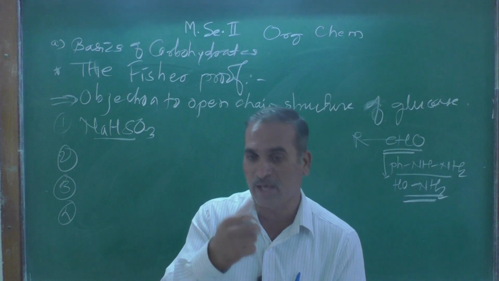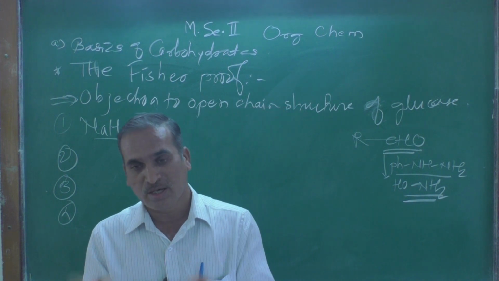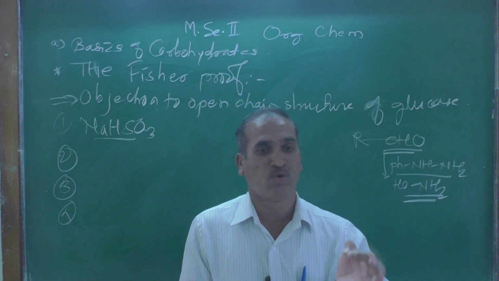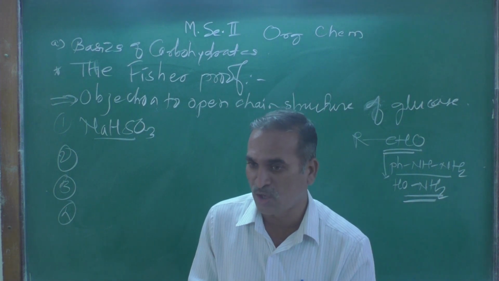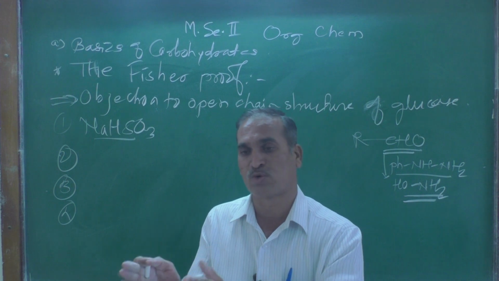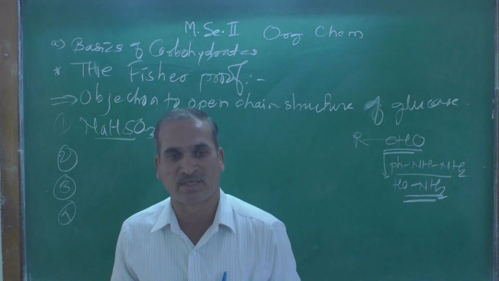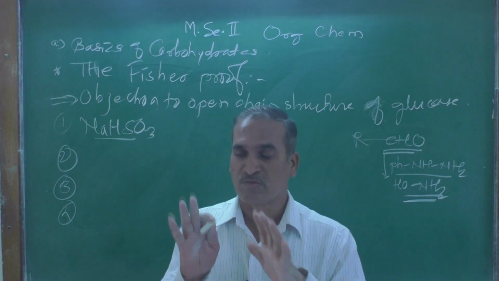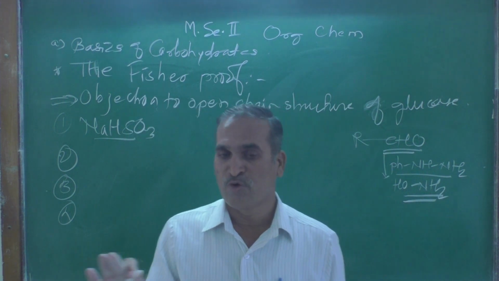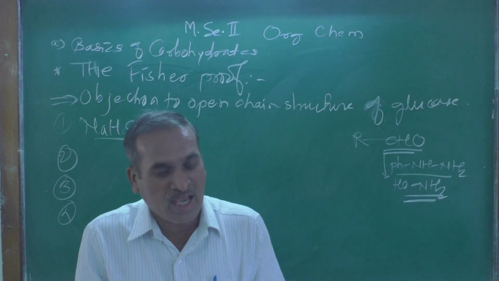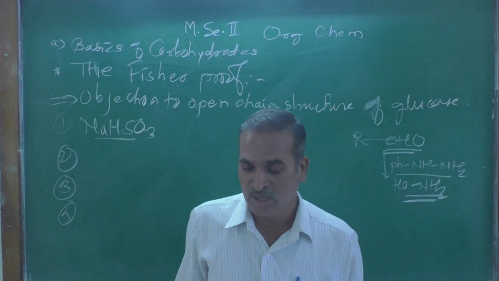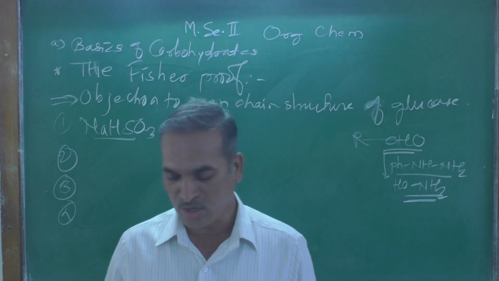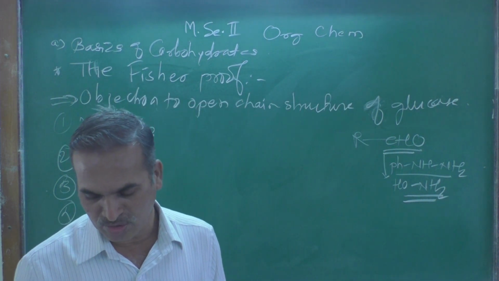But instead it requires only 1 mole of alcohol to form a hemiacetal. That clearly indicates that the aldehyde group is not free, it is something else. That is the objection mentioned by those scientists.